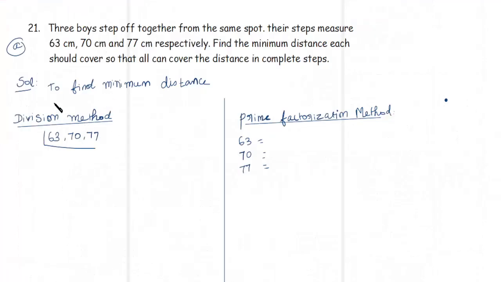The solution can be found in 2 methods: the division method or the prime factorization method. We will see them one by one.